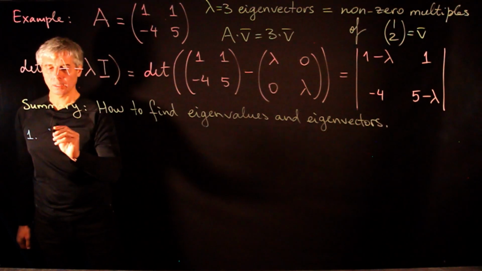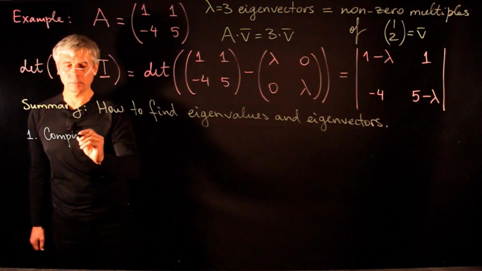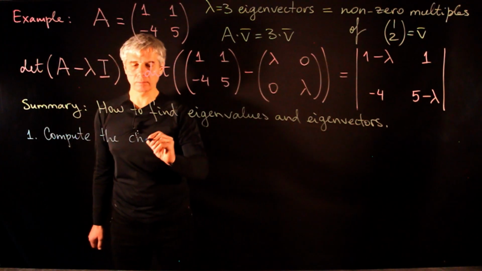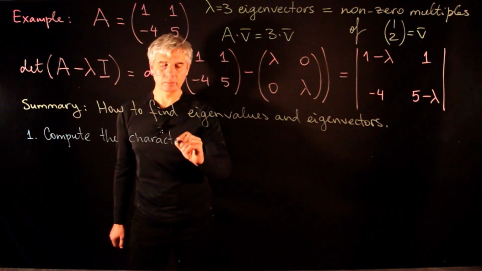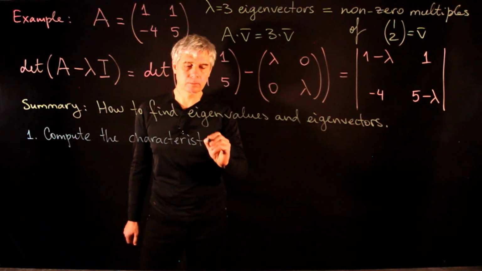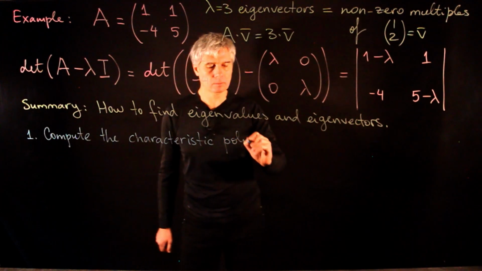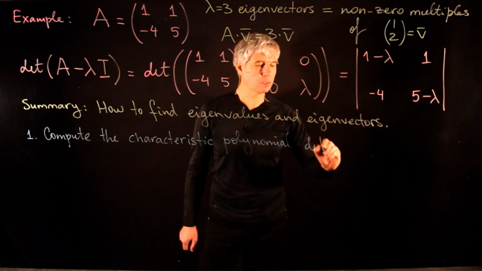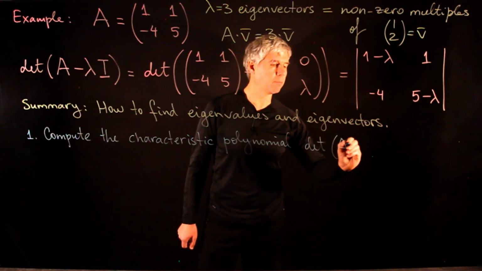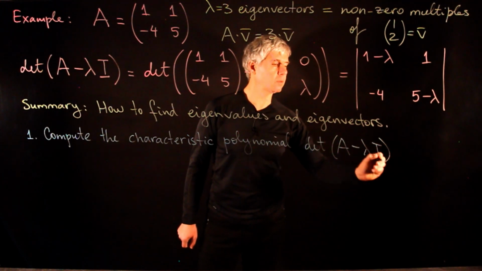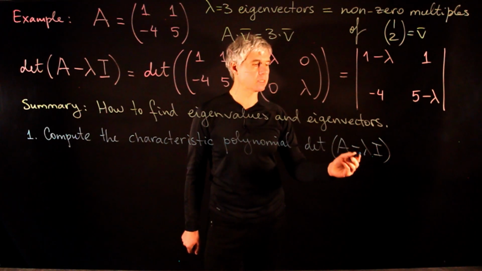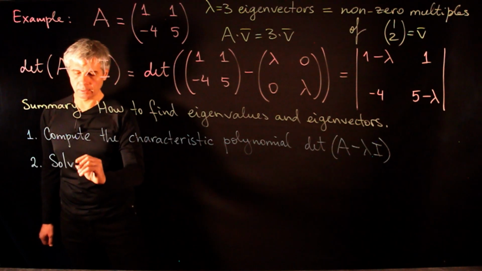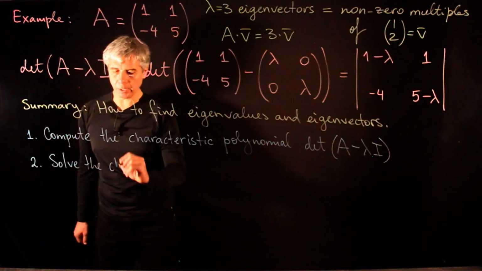First, compute the characteristic polynomial, which is the determinant of A minus lambda I. And here we treat lambda as a variable. Then solve the characteristic equation.